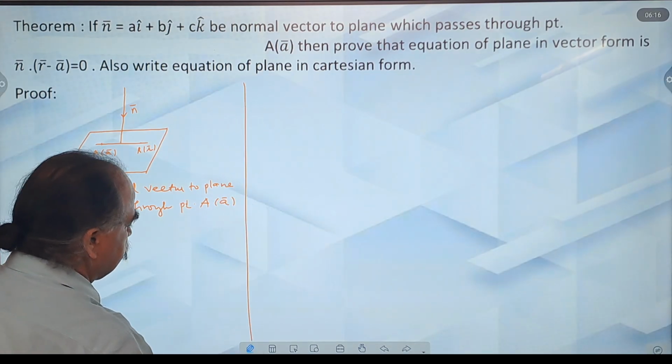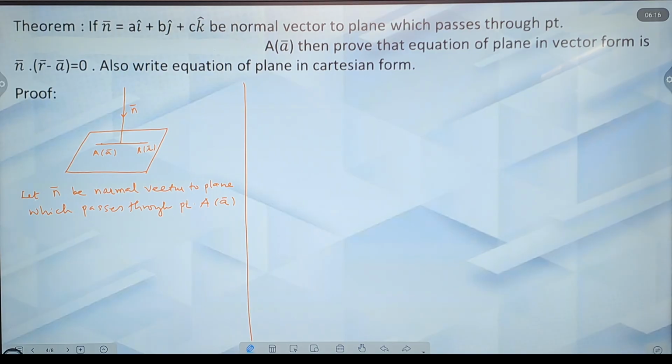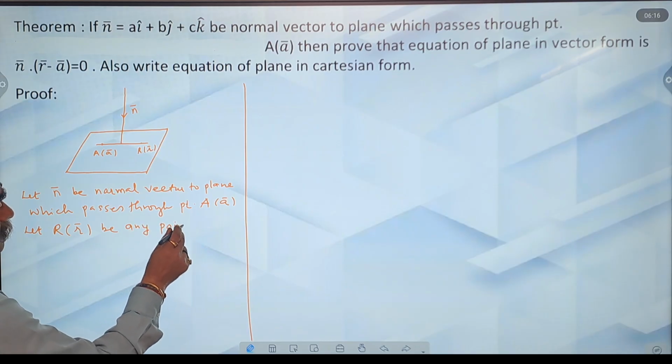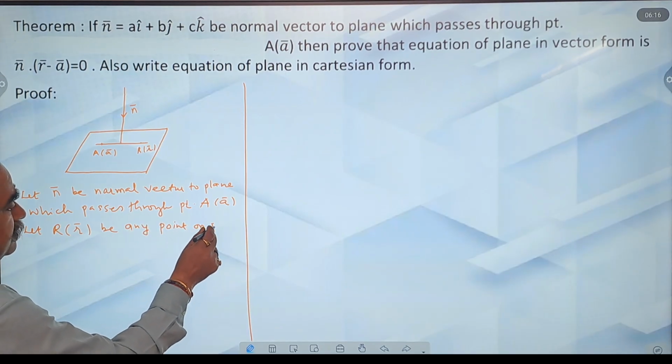All of you know plane is what? Locus. So to find the equation of locus we take one point on it. Let R bar be any point on the plane.